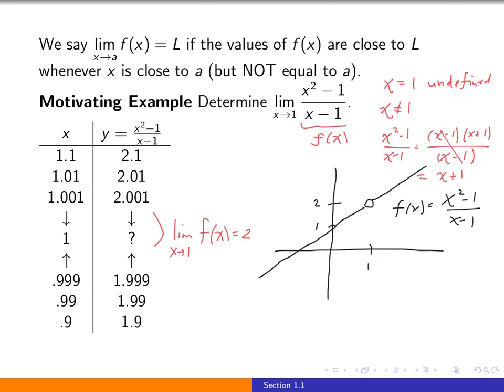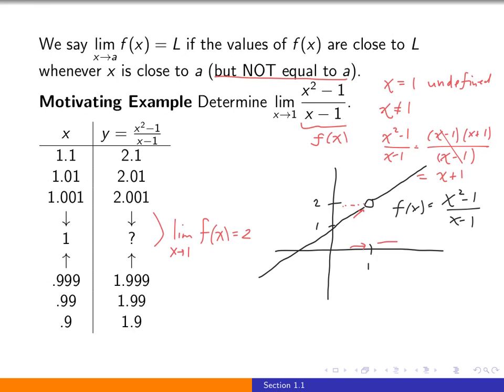Now, keeping in mind that we are unconcerned about what happens at 1, but arbitrarily close to it, if I think about plugging in inputs just to the left of 1, graphically I see my values getting closer and closer to this open circle, which corresponds to a value of 2.